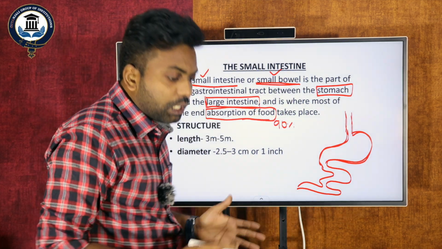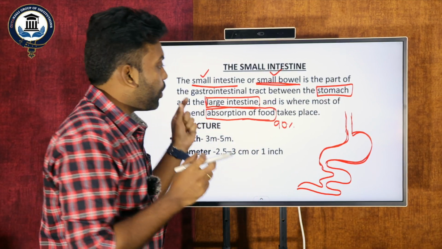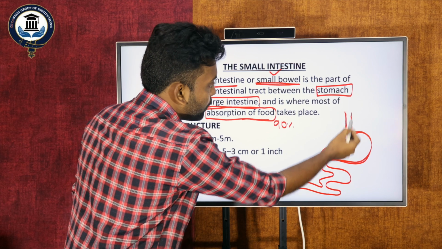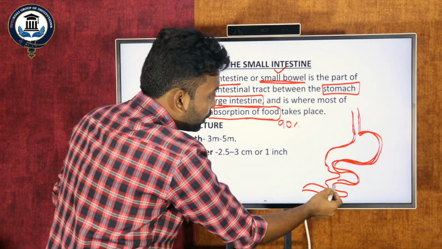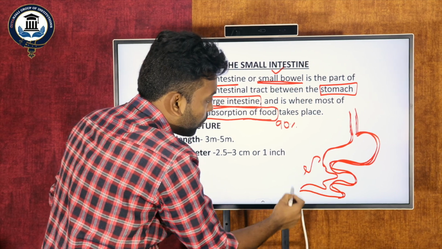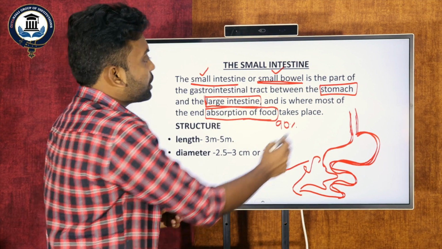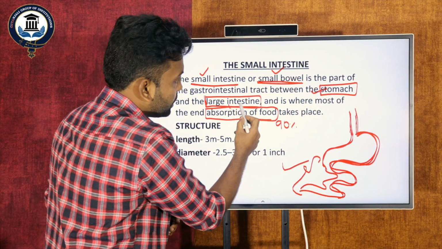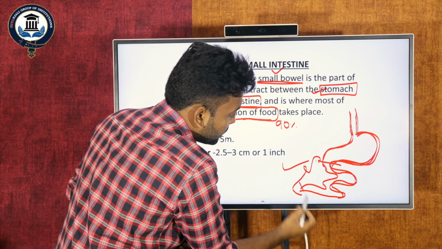So what exactly is its position, and what lies in between? Here you can see the esophagus and the stomach, and the continuous part of the stomach is called the small intestine. It is a connection from the stomach to the large intestine.